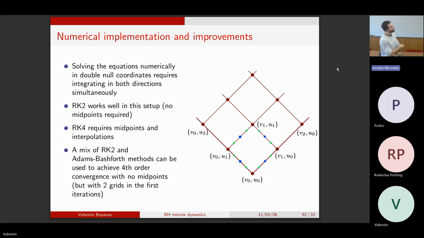And another method which uses a mix of RK2 on the finer grid in the initial 4 iterations, and then an Adams-Bashforth method from the 4th iteration onwards, which also effectively achieves fourth order convergence. And on top of this, we're also implementing adaptive mesh refinement.